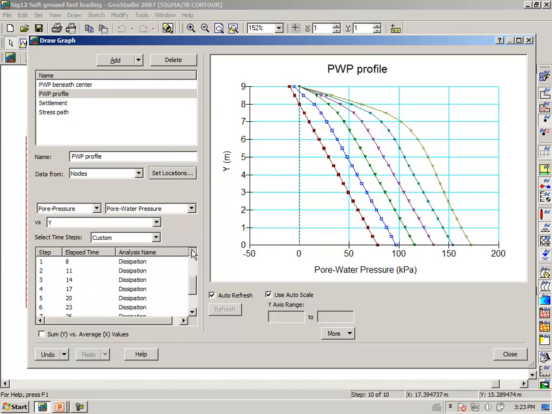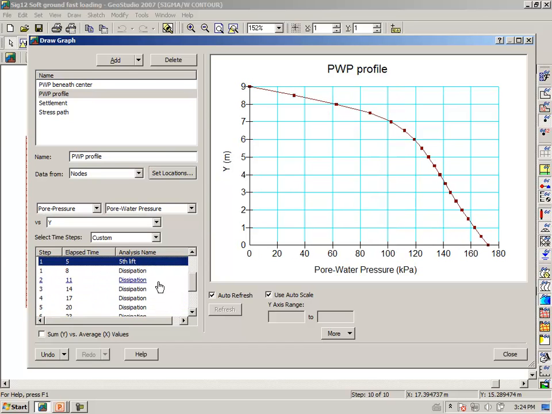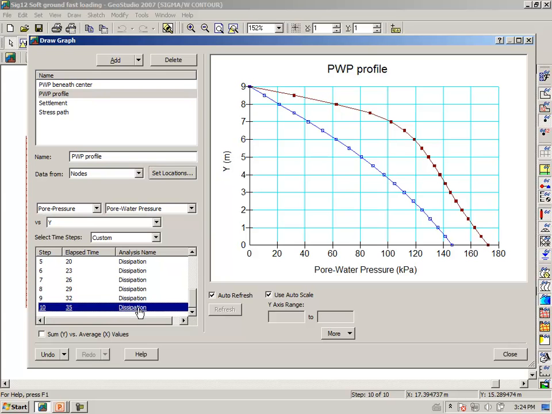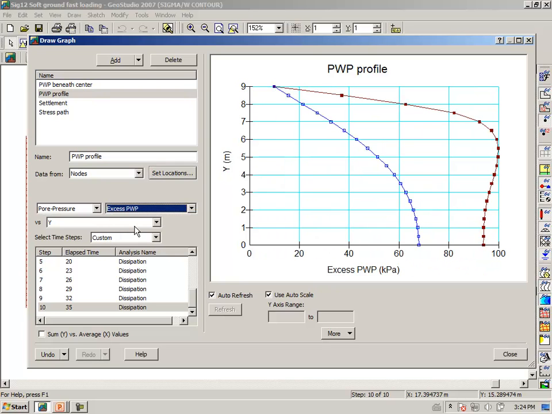If we then plot the fifth lift and look at the dissipation at the end of 35 days, we see that we still have substantial pore water pressure in the subsurface after 35 days. We could alter this graph to look at excess pore water pressure, and we see that there is still substantial excess pore water pressure at the end of 35 days.